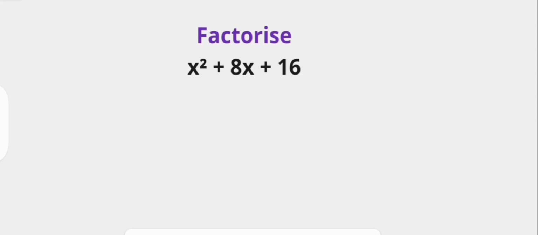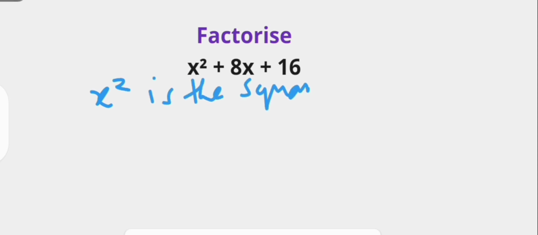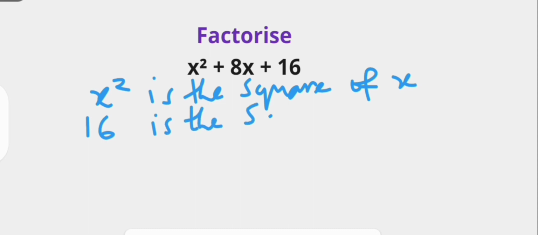In the first example here, we want to factorize x squared plus 8x plus 16. Let us start by analyzing each term. Now, x squared is the square of x. Then let's go for the last term. 16 is the square of 4.